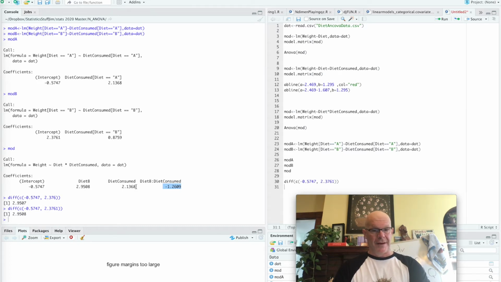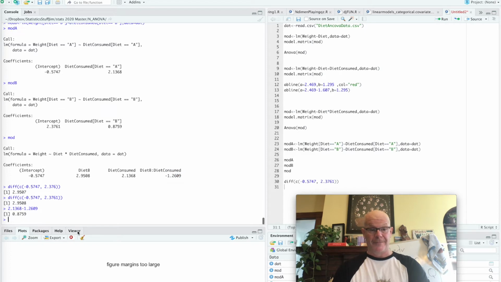So let's start with 2.1368, so that's the effect of diet consumed, and then I'm going to add to that negative 1.2609. That is the parameter that's associated with the interaction term. I get 0.8759, which is the exact same slope that I got when I just modeled diet B by itself.